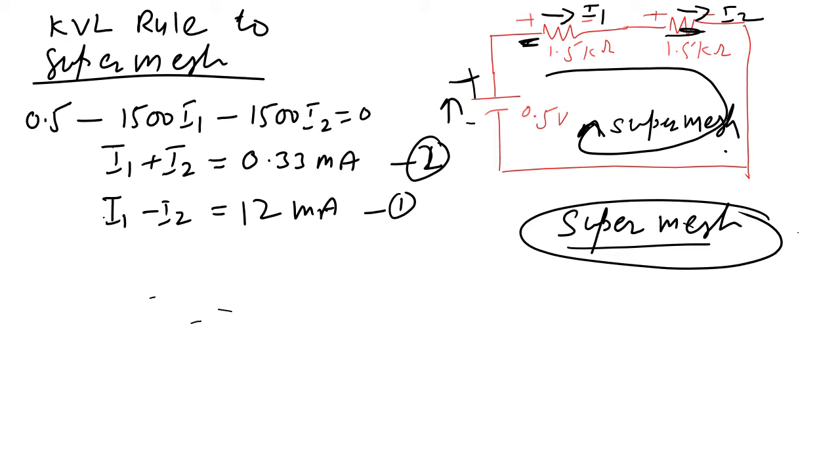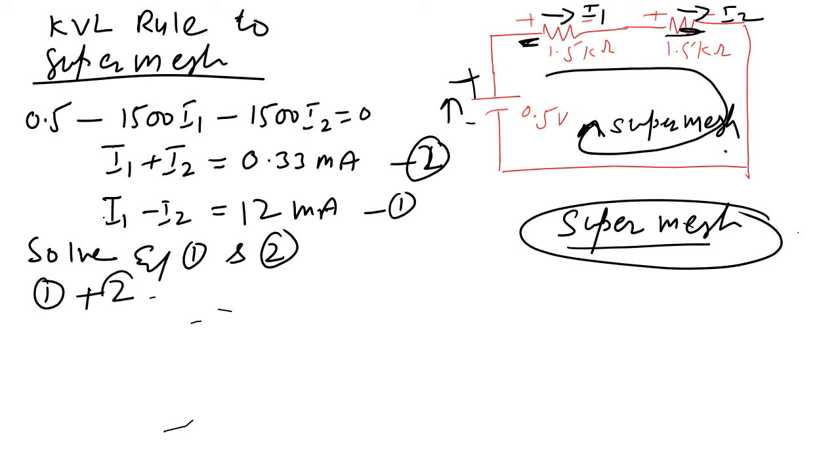Now you solve equation 1 and equation 2. Just add equation 1 and equation 2. After solving, you will get the value of I1, which is 6.15 milliampere.